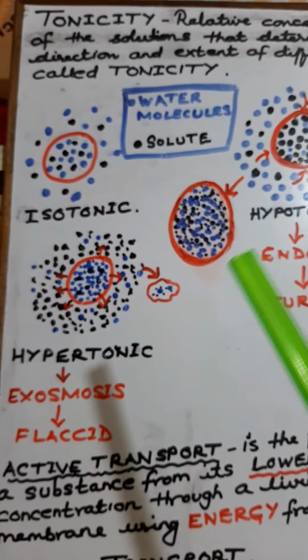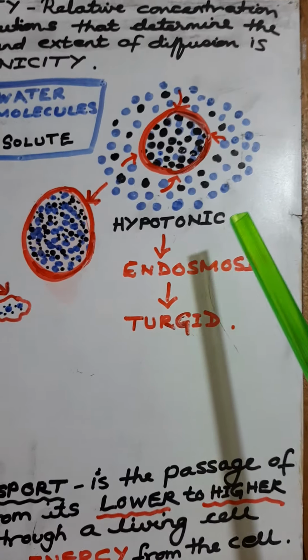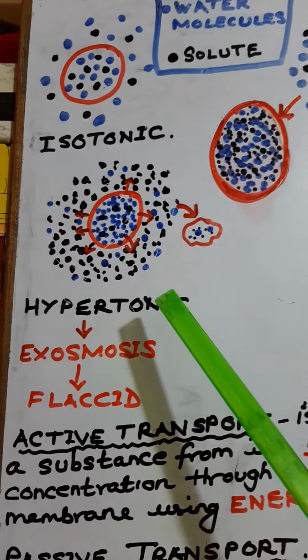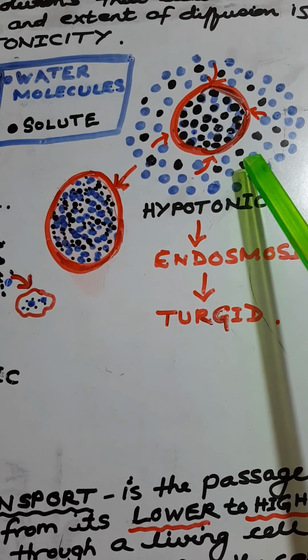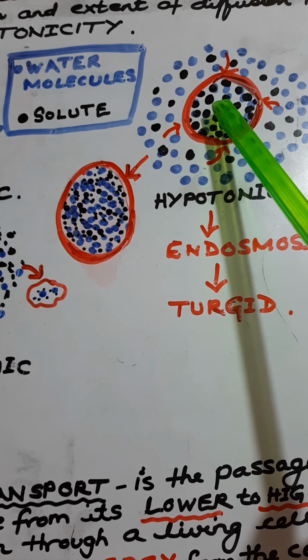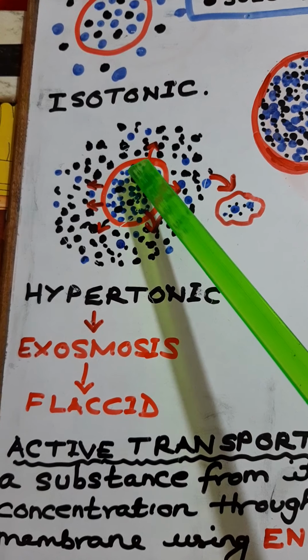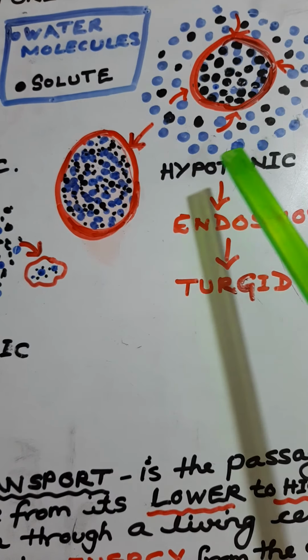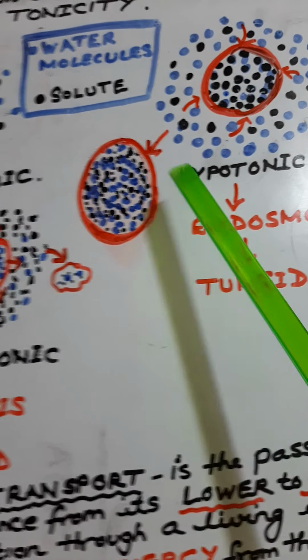So I've told you about the three types of tonicity: isotonic, hypotonic, and hypertonic. Hypotonic has lower concentration than that of the fluids inside; hypertonic has higher concentration than that of the fluids inside. The prefix hypo always means less.